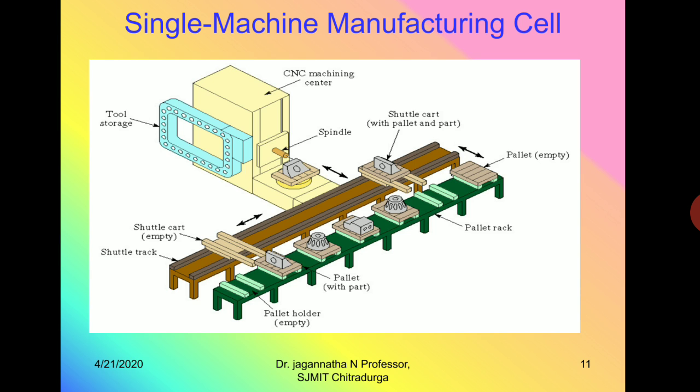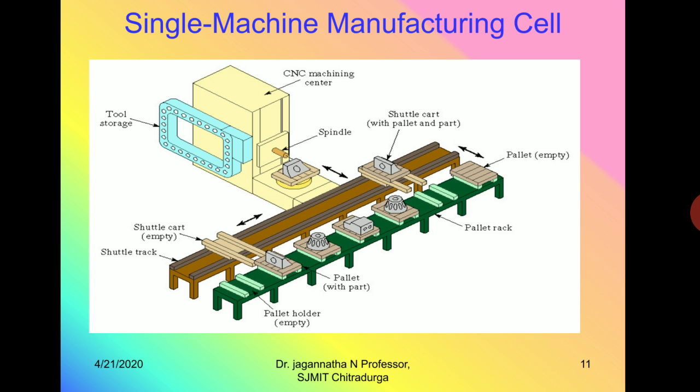With the help of X and Y directions, it is very easy to bring the workpiece in front of the machine for performing various operations. After completion of the operation, the completed part is immediately moved forward, and behind it the uncompleted workpiece comes in front of the machine.